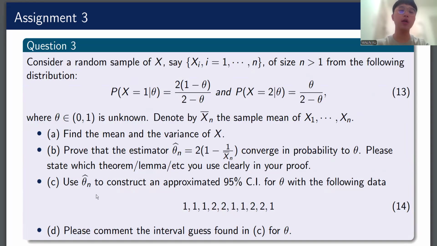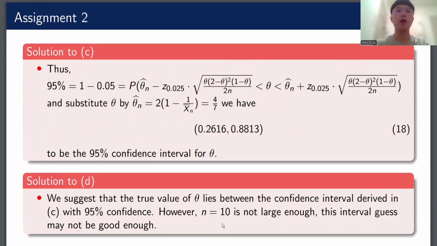And the solution to question D, which asks us to comment on the interval found in C for theta. As a result, this interval suggests that the true value of theta lies in the confidence interval derived in C with 95% confidence. However, we have to note that there are only 10 data points in this sample.